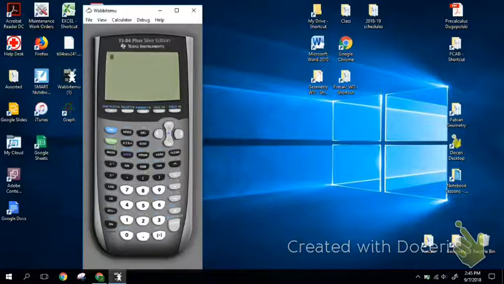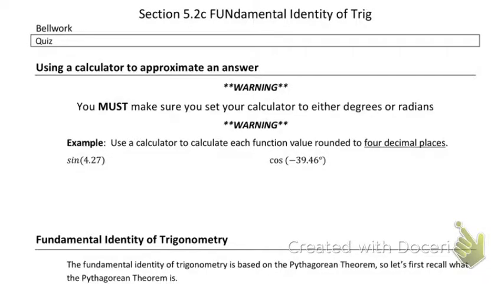Is it not charged? Yeah, it's not charged because it flashed. So just look on someone else that has a similar calculator. I'll be fine.